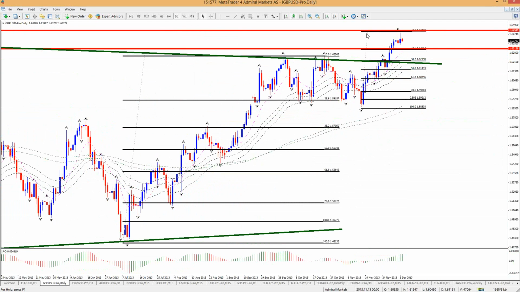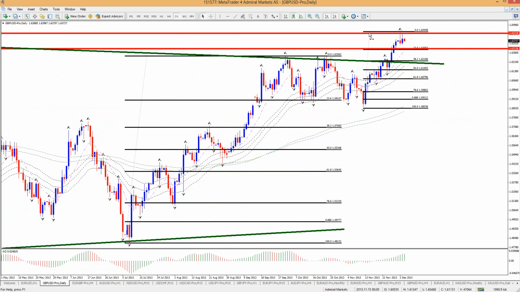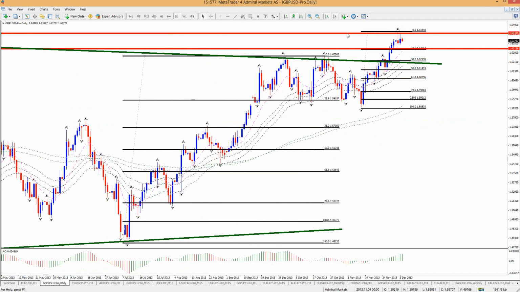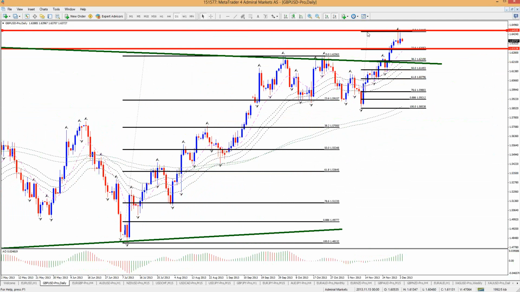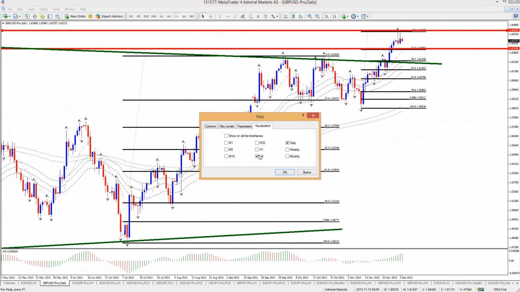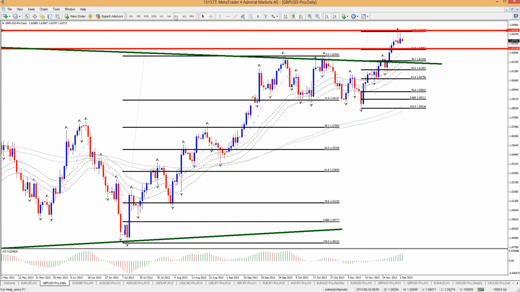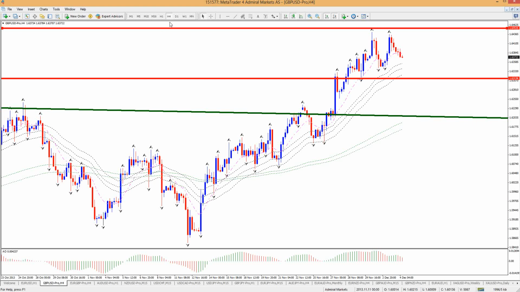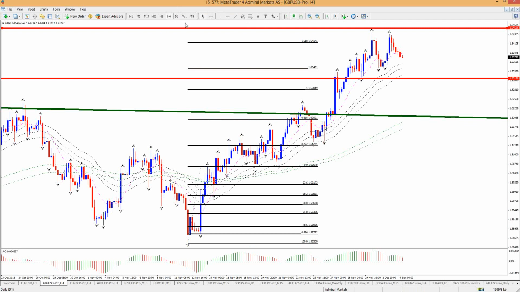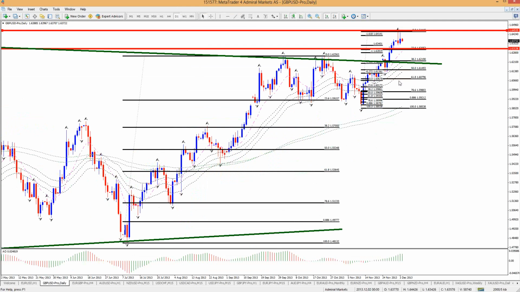Otherwise, I'll just quickly change this. Good. So if we put fibs on this upside on the 4-hour chart, because that's a daily fib, right? Back to the daily chart.